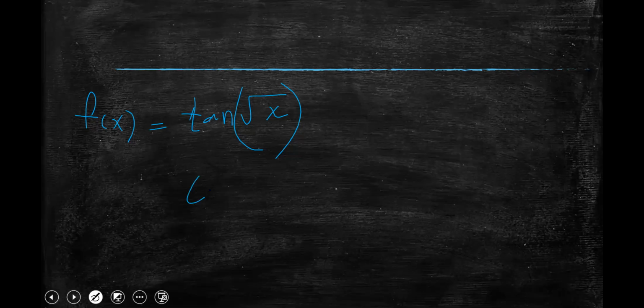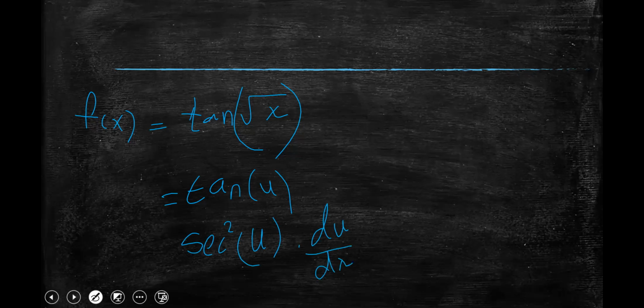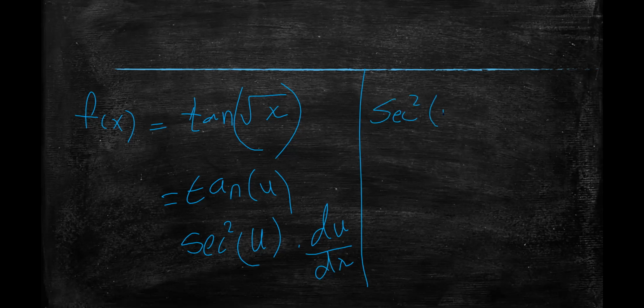This is like tan u. Differentiate tan u. What did you say? You will say it's secant squared of u. But since here I have u inside, I will say times du over dx, the derivative of u with respect to x. That means I will write it as secant squared of square root of x times the derivative of square root of x, which is half x to the power negative half.